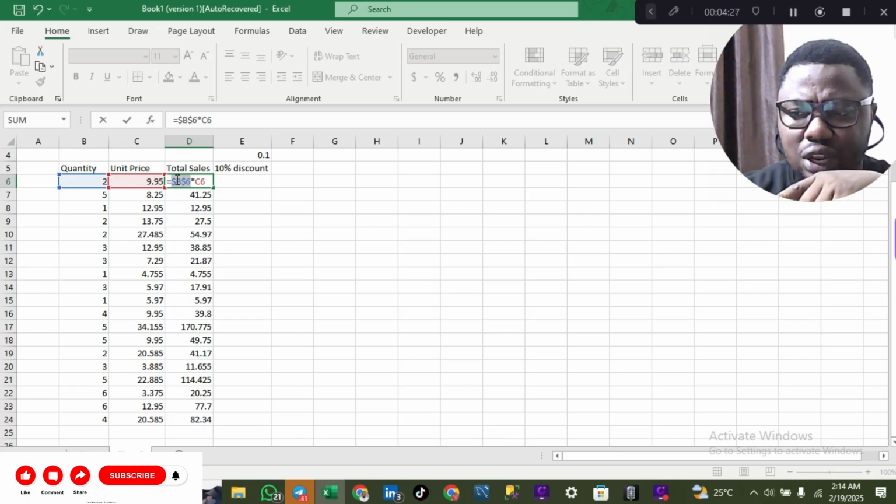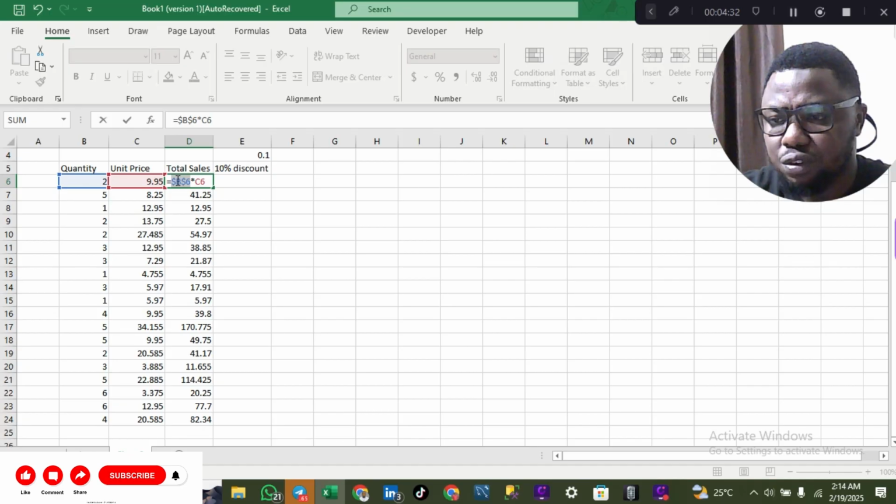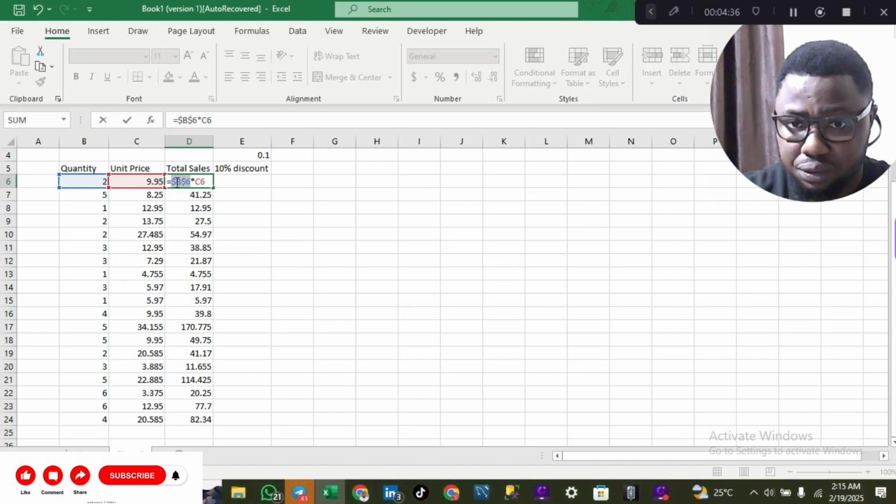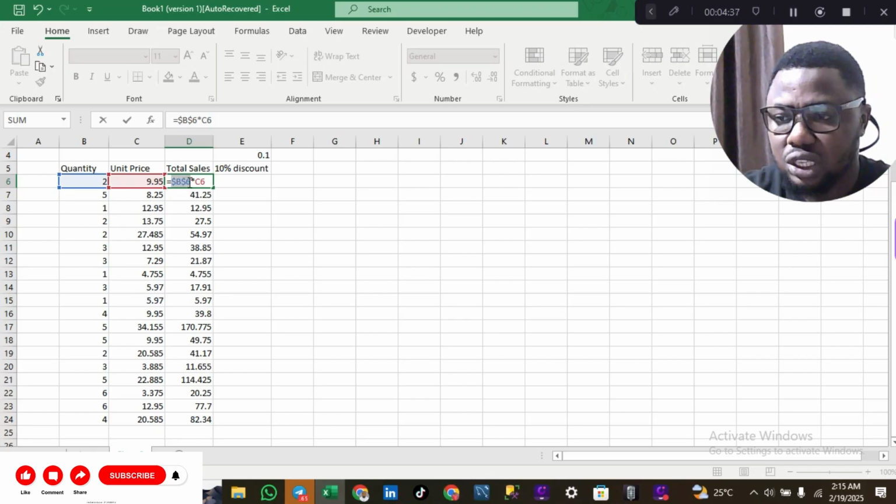That dollar sign, when you see the dollar sign in twos, the dollar sign before B means that you are locking column B. The dollar sign before 6 shows that we are locking row 6.